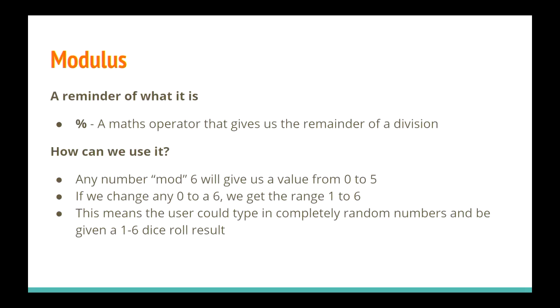So mod is really interesting because mod is going to give us a remainder if we divide a number. So if we divide numbers that we type in, then we're going to get a value that is the mod of it, which is the remainder if we divided. For example, if we do a mod 6 on any number, if it's divisible by 6, it gives us a 0, because if a number is divisible by 6, it has no remainder when we divide it.